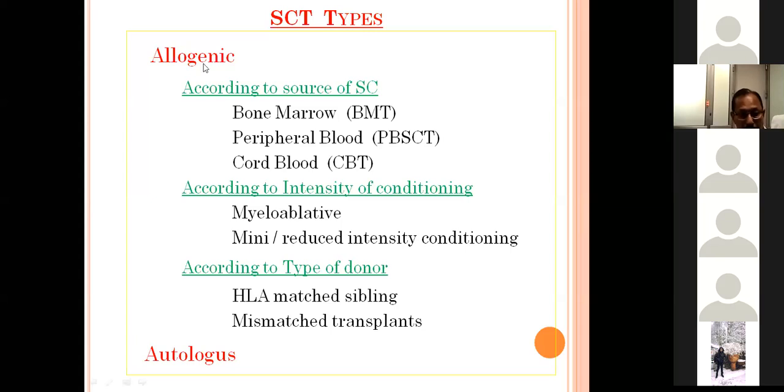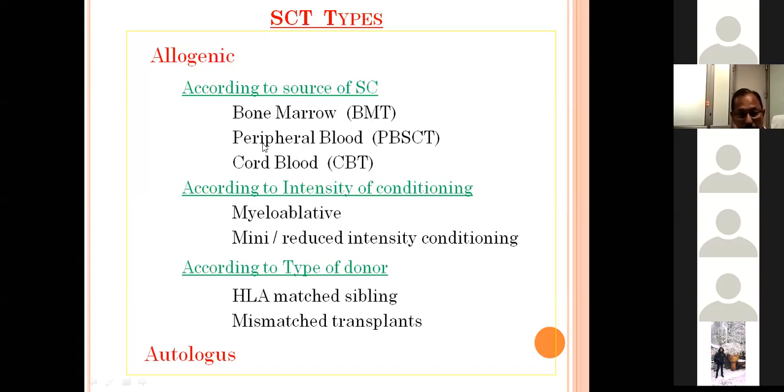Allogenic transplant can be of 3-4 types, depending on the source of stem cell, depending on the conditioning, which we will see, and depending on the type of donor. If the source of the stem cells is bone marrow, you call it bone marrow transplant.